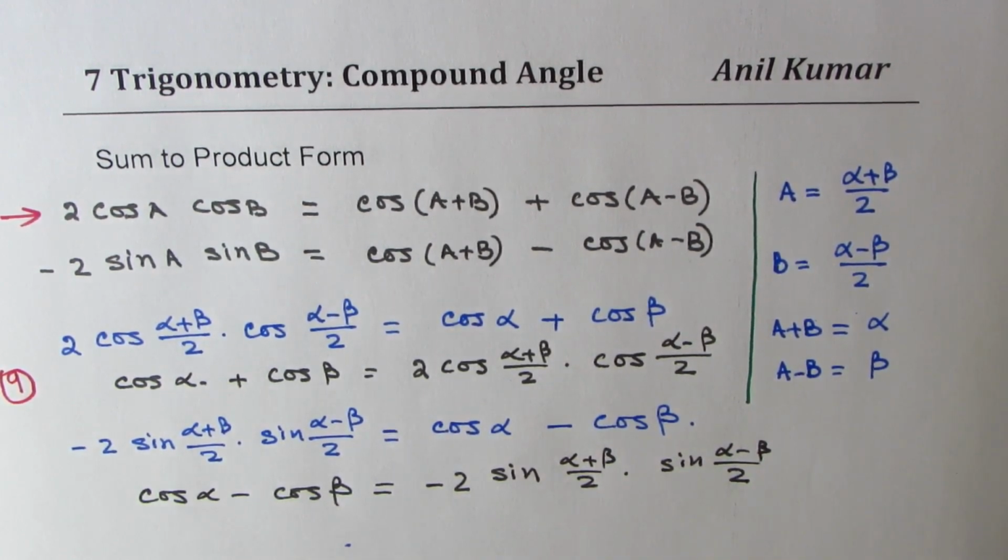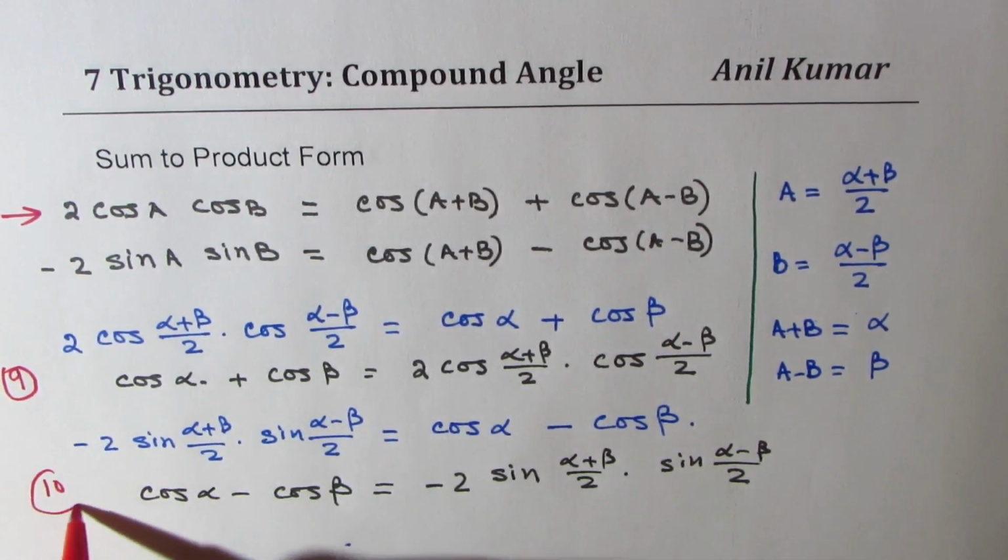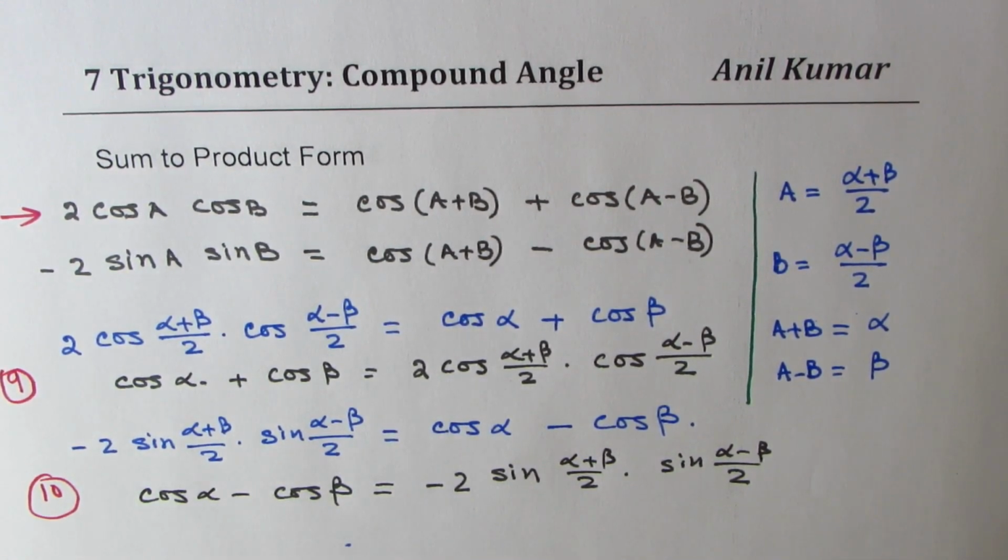There is some repetition here, but I hope it helps to remember these formulas and register in our mind how to relate them. So even if you forget the formulas, you can always derive them. That's the whole idea. So I hope you are understanding and appreciating this concept.